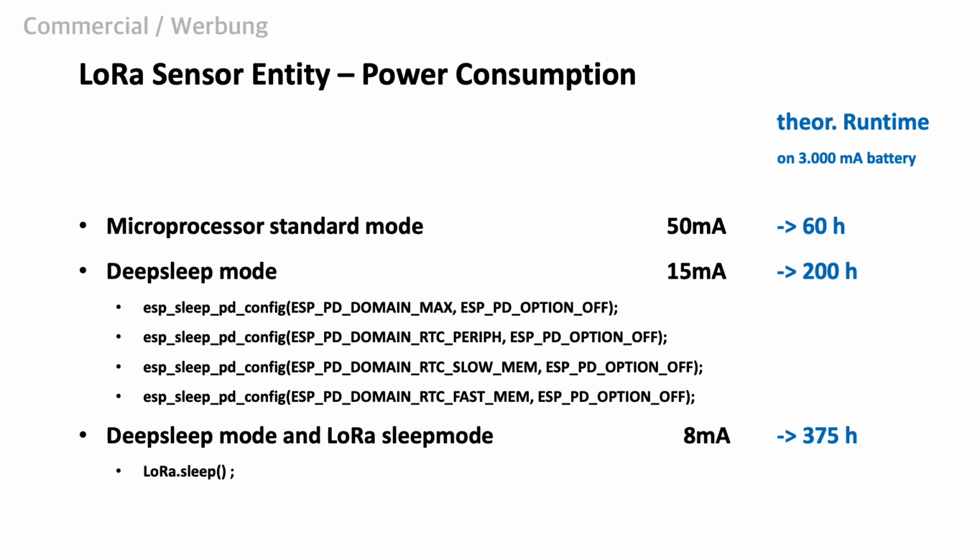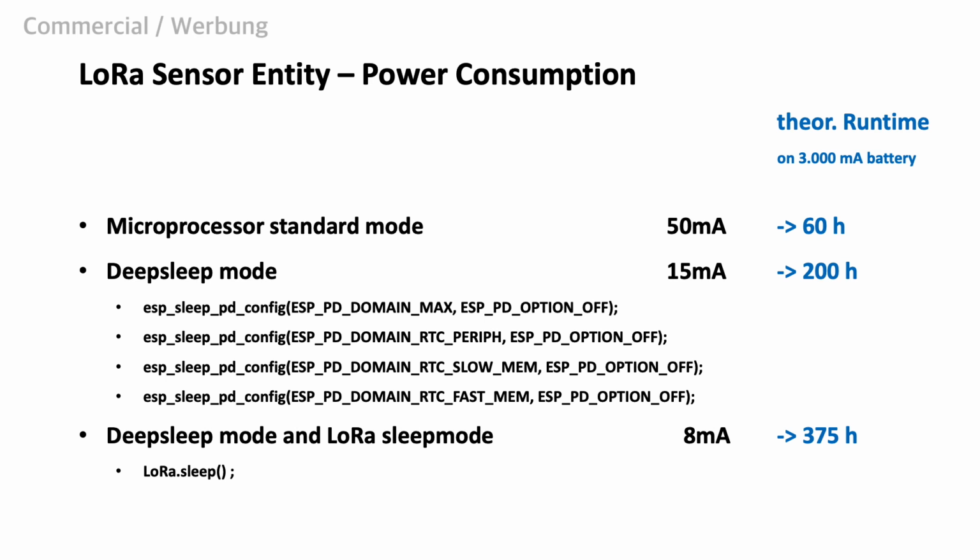From our own software code, we can estimate that the active periods will be about 200 milliseconds, where the consumption is the same as in the standard mode. If we neglect the short active periods consumption, this would correspond then to about 200 hours runtime.